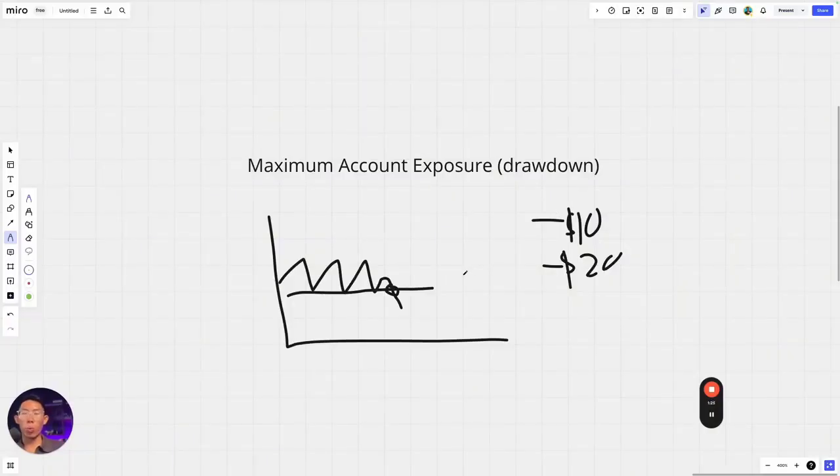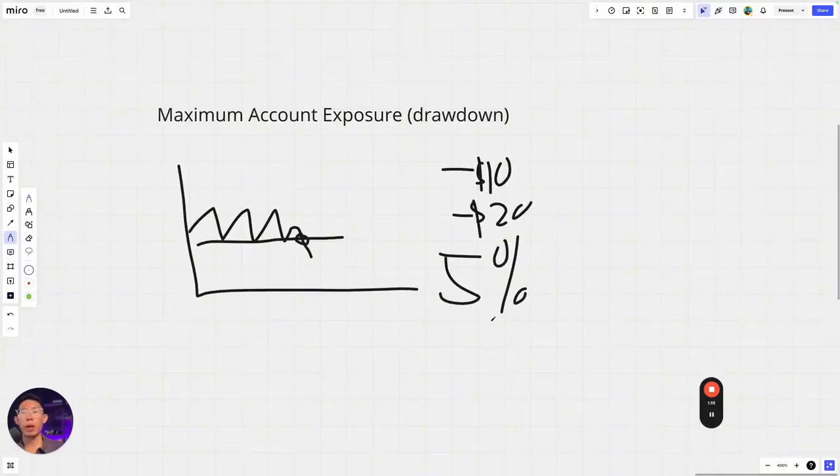In this case, what should your maximum account exposure be limited to? What's the max amount of money that you should be allowed inside your drawdown? Generally, 5%. That is my rule. So let's say you stick to the rule of risking 2% on each trade. In order to get a max drawdown of 5% at all times, you should only be having like 2-3 trades open that are risking 2%.